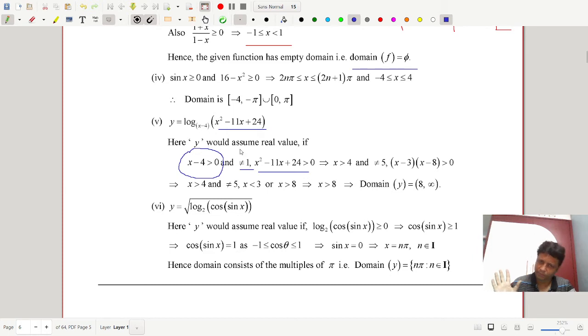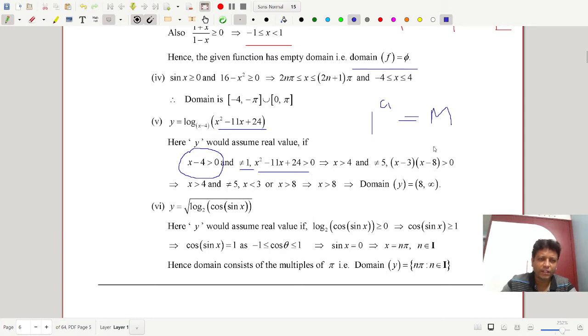Yes, sir. Sir, the base will not be 1, right? No, never. If the base is 1, it will become 0. Suppose 1 to the power something has no meaning. 1 to the power something is anything. 1 to the power a equal to m.